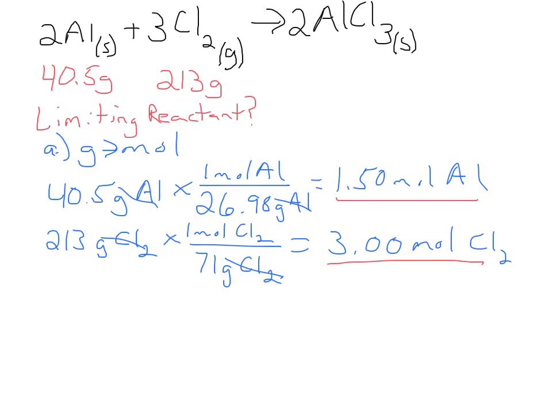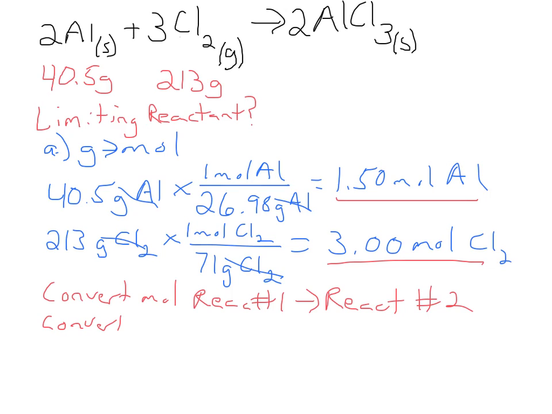So the way you want to do that is you first want to convert moles of one reactant, so we say reactant number 1, to moles of reactant number 2. We also want to convert the moles of reactant 2 to the moles of reactant 1.